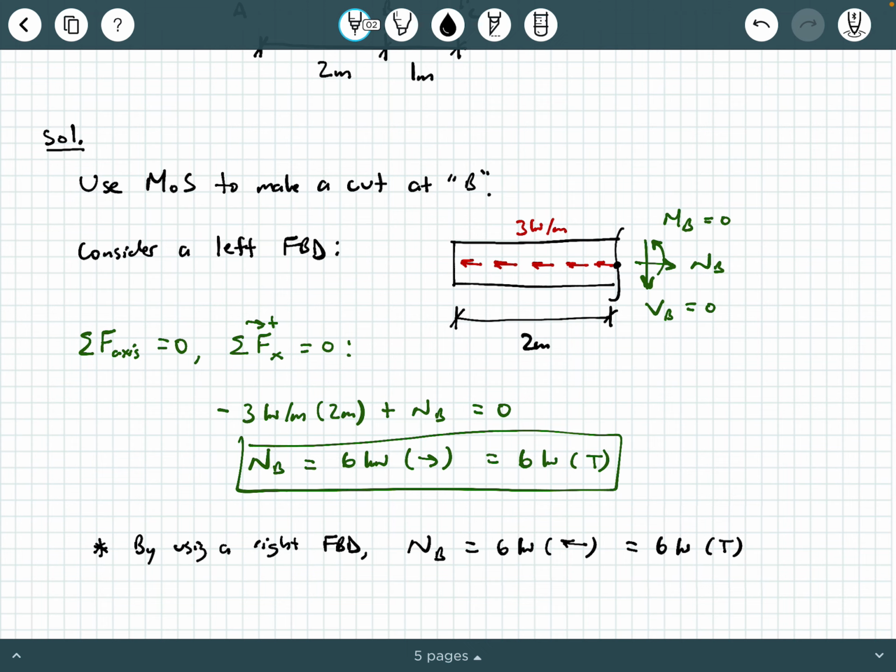Well, it's because at point B, you have 6 kilonewtons in tension, but if you look at one side of it, it'll be pointing to the left. If you look at the other side of the cut, it'll be pointing to the right because point B is in static equilibrium. So looking at it from the two different perspectives of the two different free body diagrams will point in the opposite direction, but it will still mean the same thing, 6 kilonewtons in tension. So I challenge you to do that on your own and come to the same conclusion.